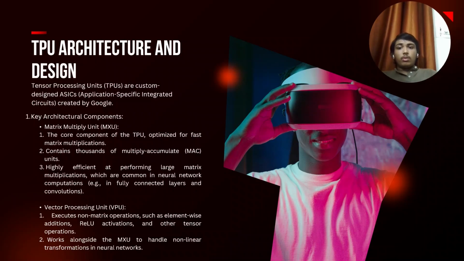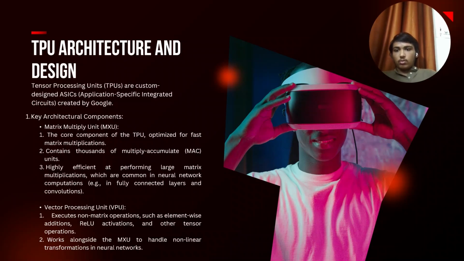TPUs are best optimized for matrix multiplication because matrix multiplication is a very complex task and TPU can optimize it in a very careful way. It contains thousands of MACs, where MAC means multiply-accumulate units. It is highly efficient at performing large matrix multiplication, which I just informed you.